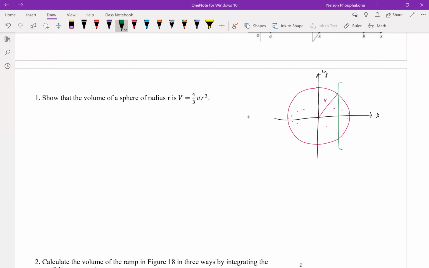Now you will see that if I cut it right here, what happens to the cross section? The cross section is just a circle, isn't it?